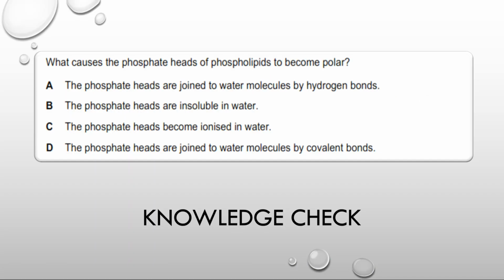But let's check this knowledge check. What causes the phosphate heads of phospholipid to become polar? The phosphate heads are joined to water molecules by hydrogen bonds. What makes it polar? Is it hydrogen bonding with water? No, it is because it is polar that it can join with hydrogen bonds.